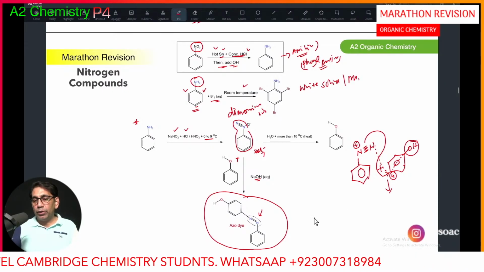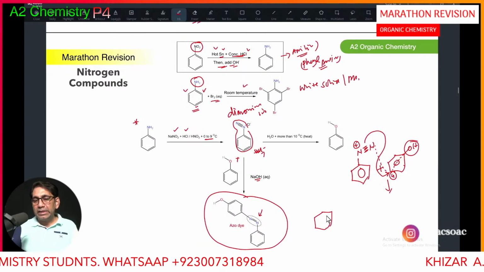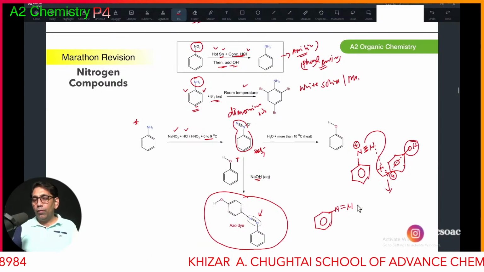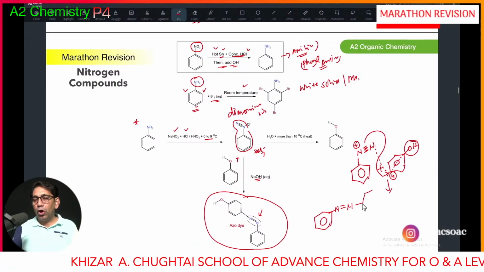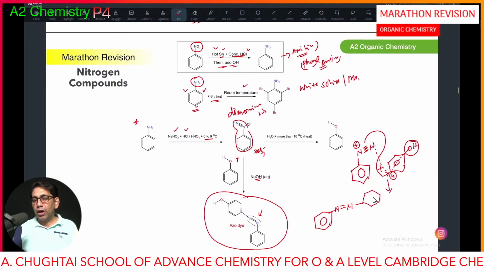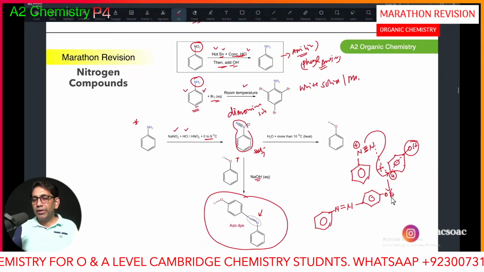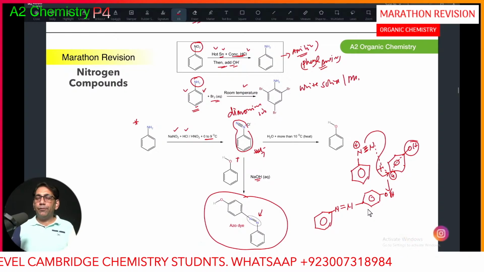So I'm trying to write it once again. This is N double bond. One bond has been shifted onto this position of phenol, and you can see it's a para position with respect to OH group, or it's a fourth position.